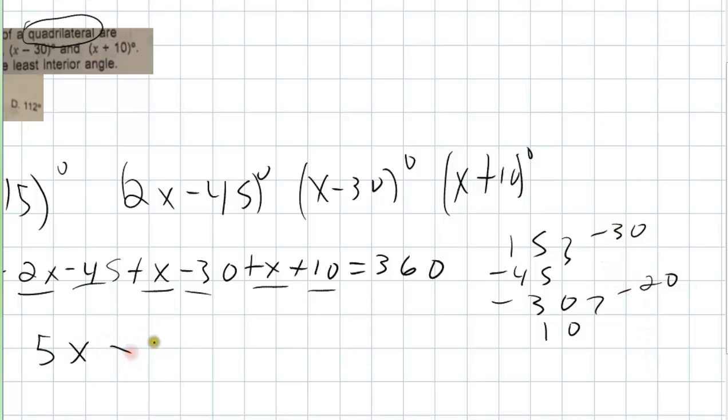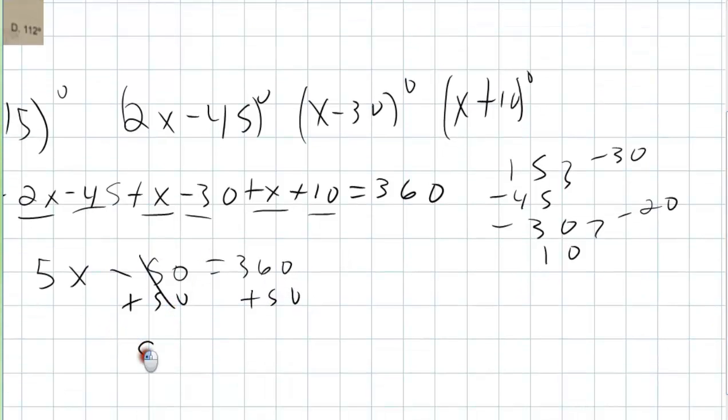So 5x minus 50 is equal to 360. Okay, I will add 50 to both sides. So now I have that 5x is equal to 410. I divide by 5.